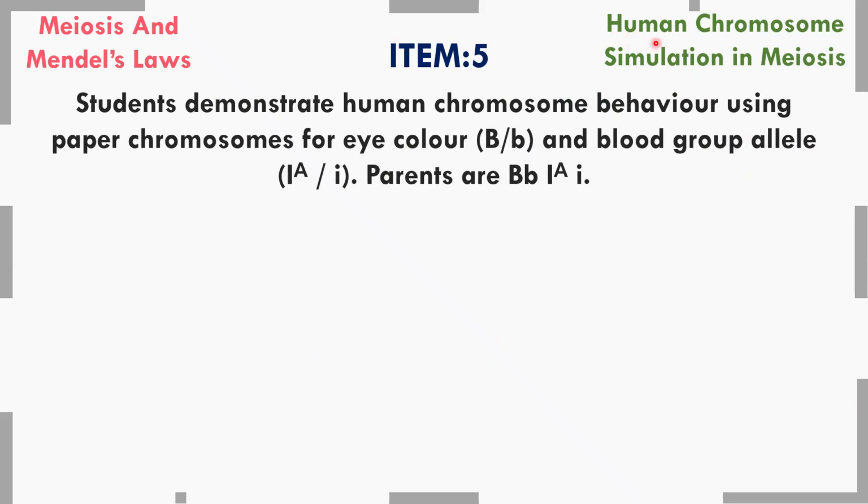Let's now look at human chromosome simulation in meiosis. Item 5. Students demonstrate human chromosome behavior using paper chromosomes for eye color, B and b, and blood group alleles, IA and i. Parents are Bb, IAi.